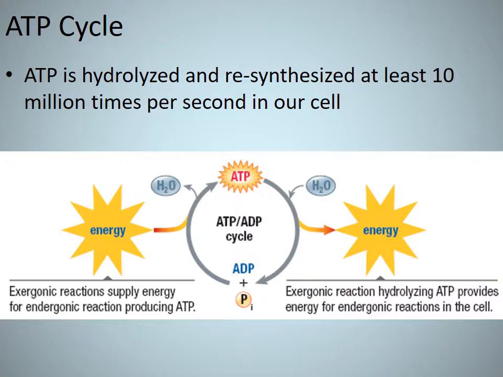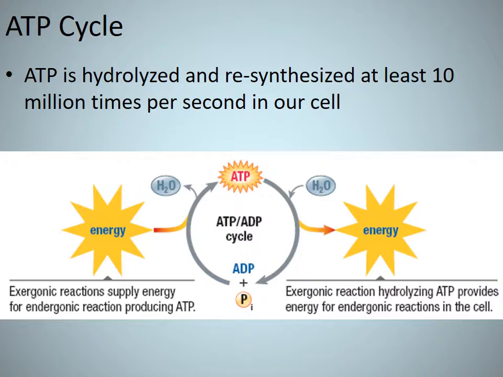Again, ATP cycle here. Notice how many times ATP is broken down and reformed: 10 million times per second in our cell. That's a lot of energy that's being used to drive specific chemical reactions just within a cell. We're made up of trillions of cells, so we need to continue to supply our cells with this energy.